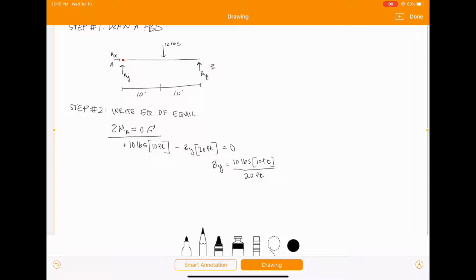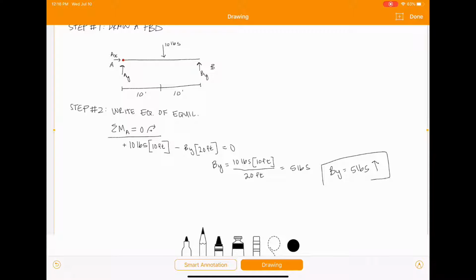We can go ahead and calculate BY, which I get to be 5 pounds positive. Once we reach this point, our BY comes out as positive, so we assumed the direction correctly, so we can rewrite this as BY equals 5 pounds up.